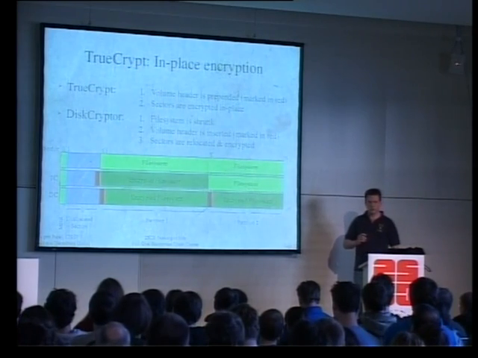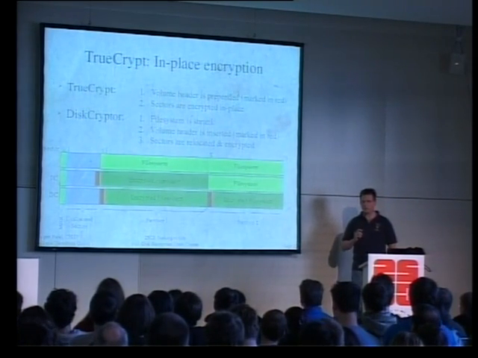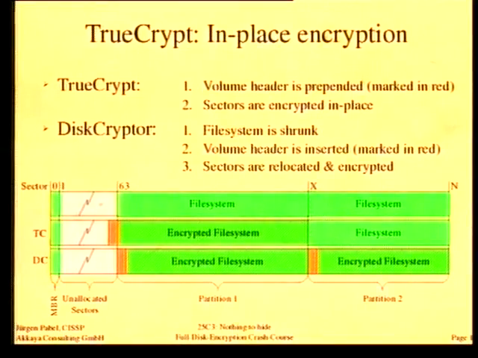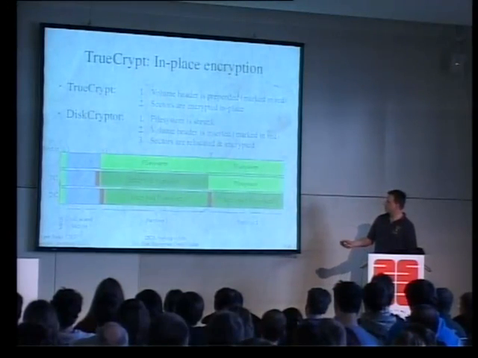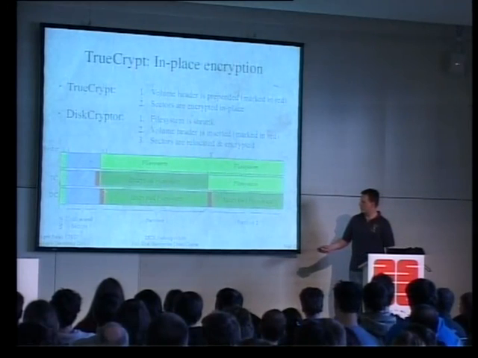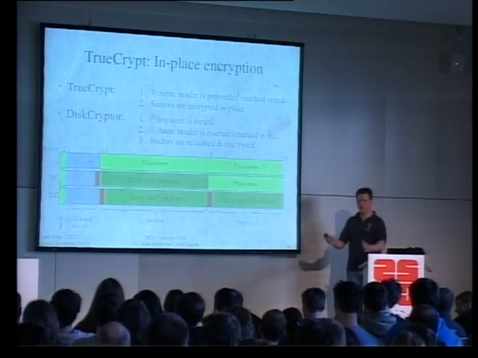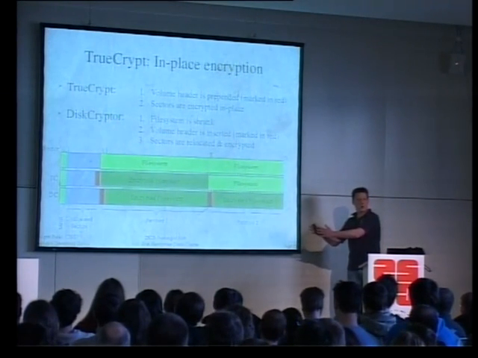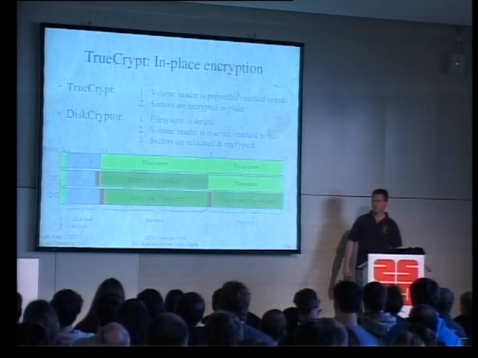This cryptor is a little bit different in that respect. It actually shrinks the file system a little bit and places the TrueCrypt header inside the partition. So I would argue it's even a little bit more compliant with the TrueCrypt specifications than TrueCrypt itself. So what it does is it inserts the header here and then pretty much shifts every block back one when it's being encrypted.